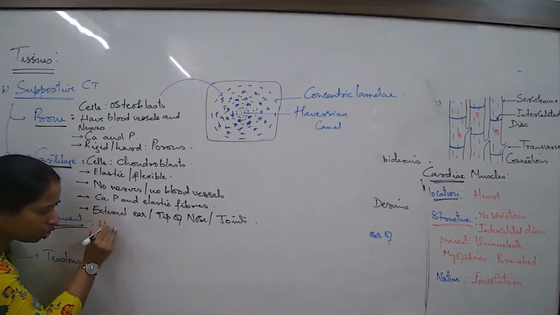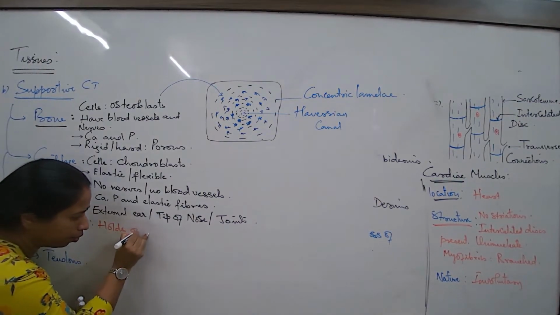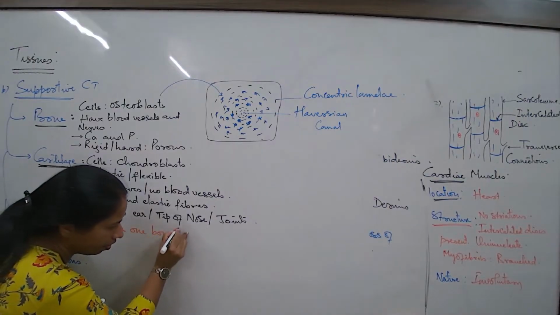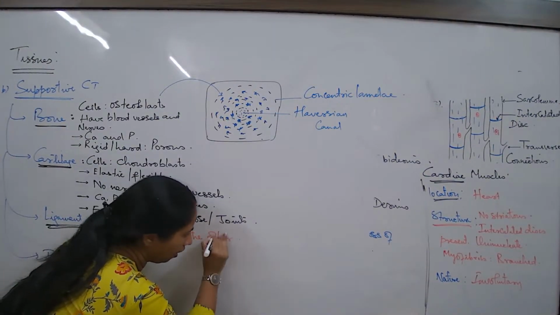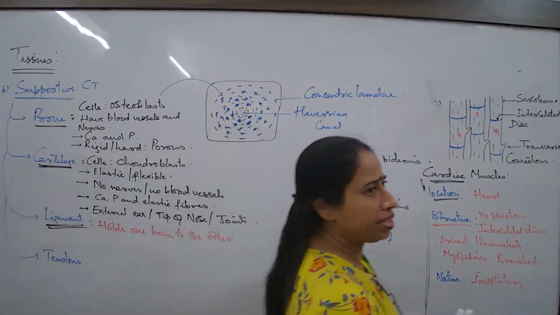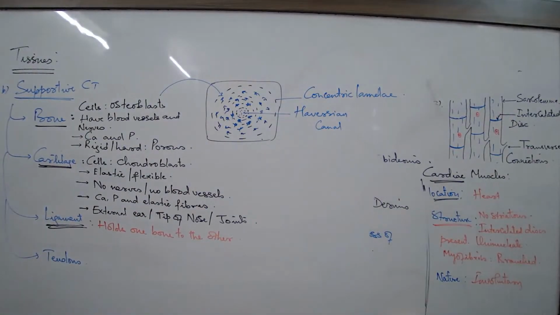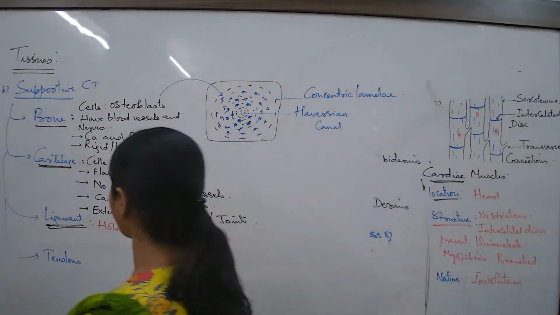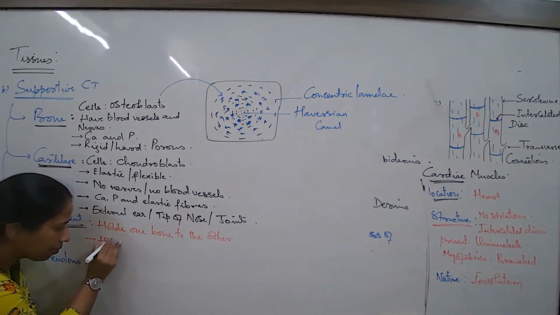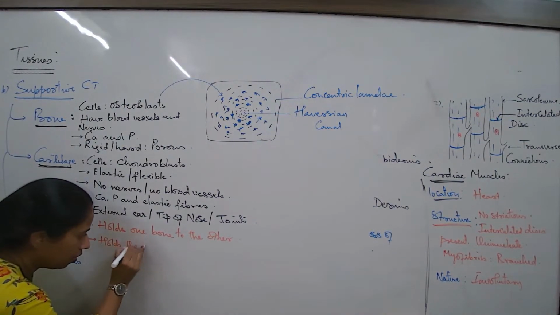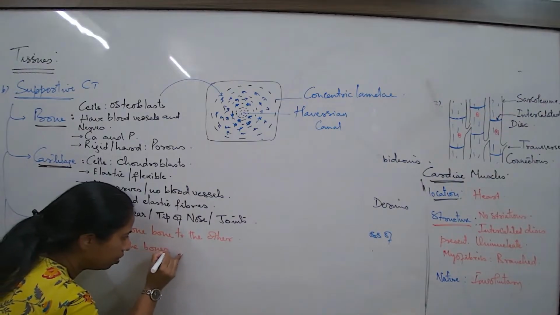This connective tissue holds one bone to the other. What is a ligament? The type of connective tissue which holds one bone to the other. Since it holds one bone to the other, what is the benefit we enjoy? What is the function?